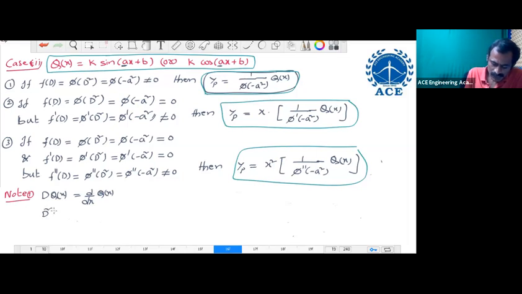Next, d square of q of x equal to d square by dx square of q of x. D cube of q of x equal to d cube by dx cube of q of x, and so on. Next, note point number 2.